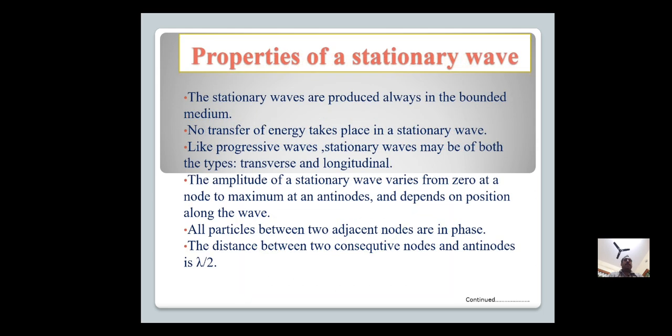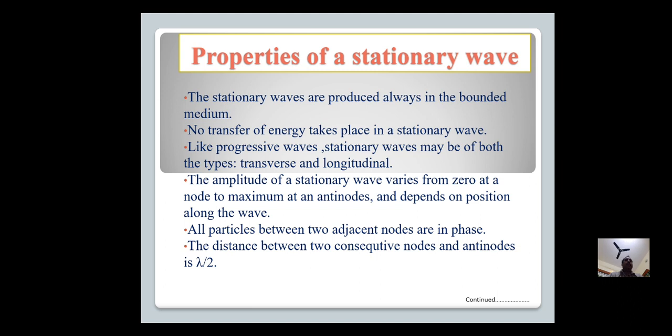To discuss the properties of stationary waves, the first very important point is that stationary waves are always produced in a bounded medium. No transfer of energy takes place in a stationary wave, because both waves are similar to each other and travel in opposite directions, so they carry equal energy in opposite directions.